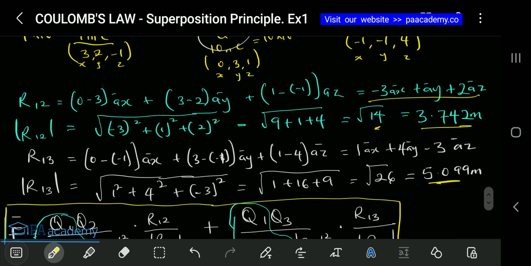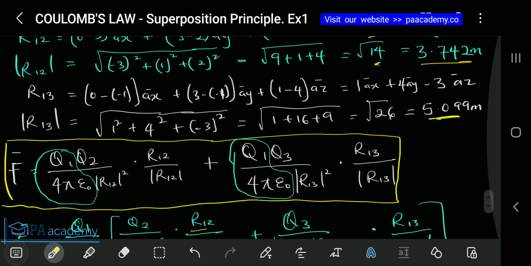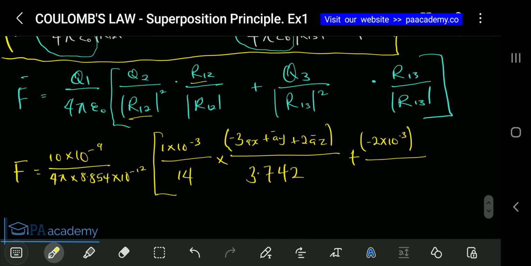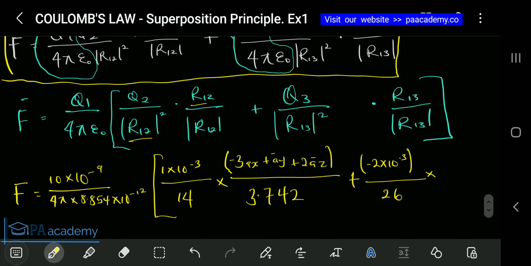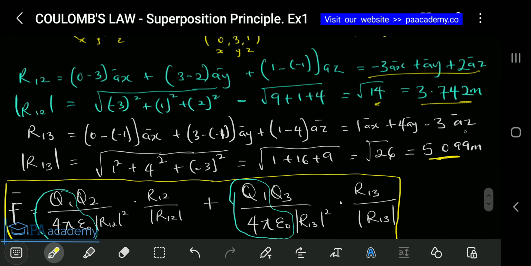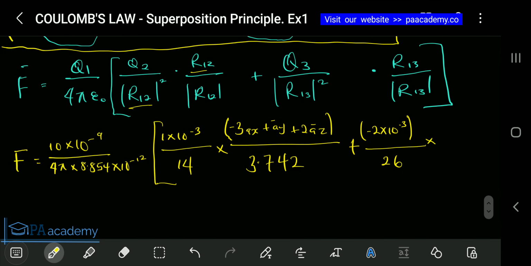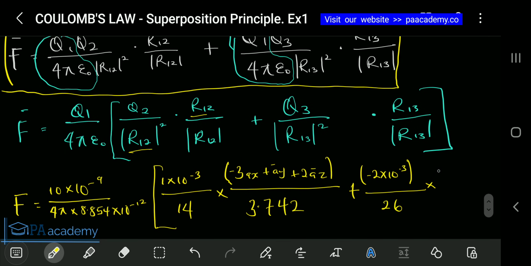So let's look at r13. If you square it, you are going to be having 26. So that will be over 26 multiplied by r13, this is the value here.